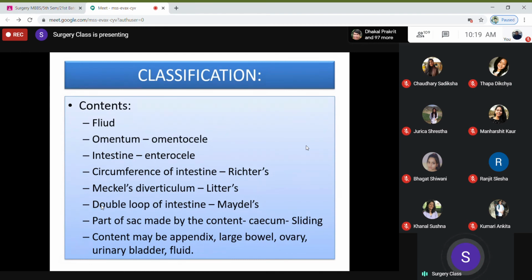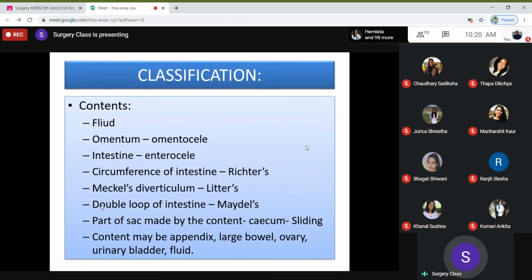With the omentum coming there, the first thing that comes into the hernial sac is the omentum. That is an omentocele. If the intestine comes, then it's an enterocele. If only part of the circumference of the intestine comes, that's known as a Richter's hernia. If Meckel's diverticulum comes, that's known as a Littre's hernia. If a double loop of the intestine comes, this is a Maydl's hernia, I'll come to that point. And if the appendix comes, that is an Amyand's hernia. If part of the sac and sometimes the cecum comes, that is a sliding hernia.